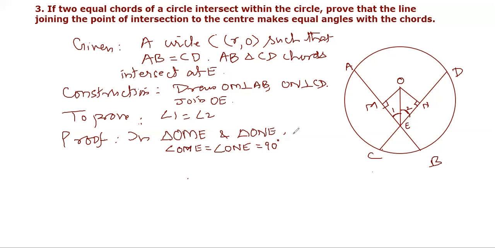RHS: first 90 degrees, then hypotenuse, the side opposite to the 90 degree angle. Opposite to this is OE, and opposite to this is also OE. So OE is equal to OE, because they are common sides. And this 90 came by construction, because we drew the perpendicular.